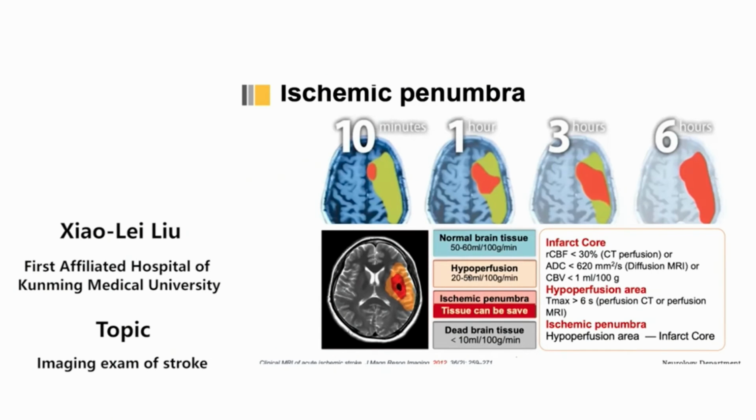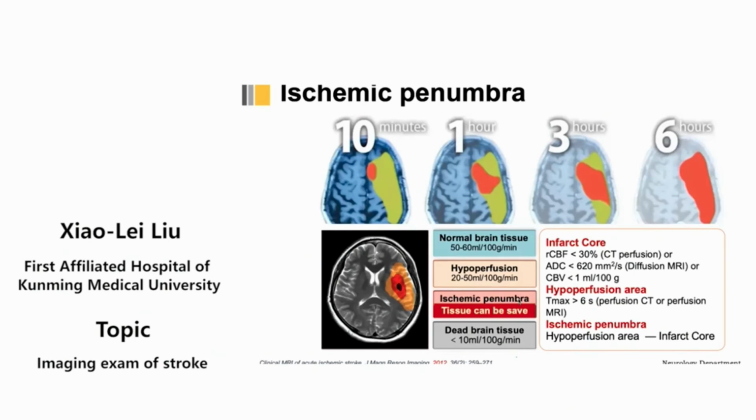But the hypoperfusion area has a low blood flow, and the dead brain tissue has the lowest blood flow. And the ischemic penumbra means the hypoperfusion area distinct from the dead brain tissue area. If there is any volume here, there is an ischemic penumbra.